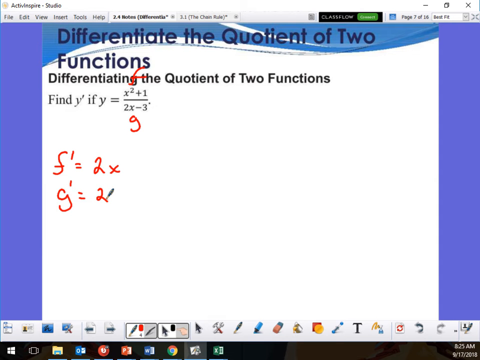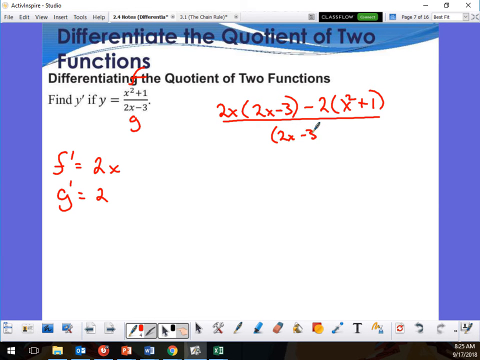So now, f prime, g, so from my formula, it's going to be 2x times g, which is 2x minus 3, minus sign, then it's g prime, which is 2, times f, which is x squared plus 1, all over g squared, so it's going to be 2x minus 3 squared. And this, again, is the answer. But we have to go through and do some cleanup.